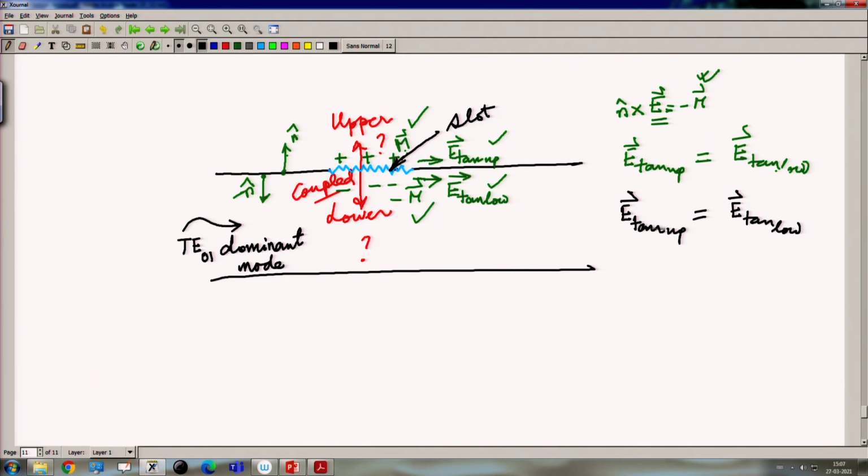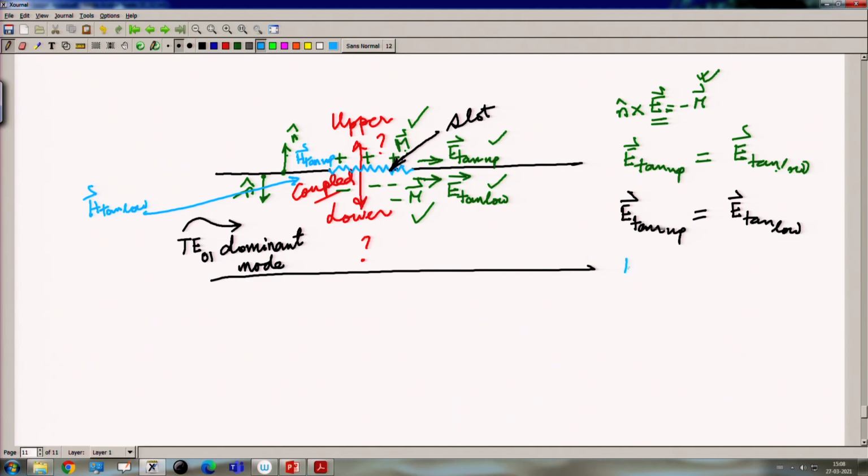But that is not the only boundary condition which is present across the slot. Across the original slot, with this conductor absent, the tangential magnetic fields, H tan up here, and at this location H tan low, would also match.